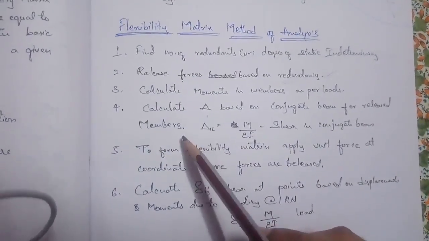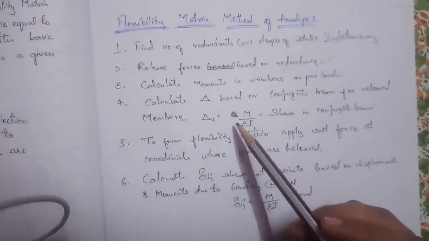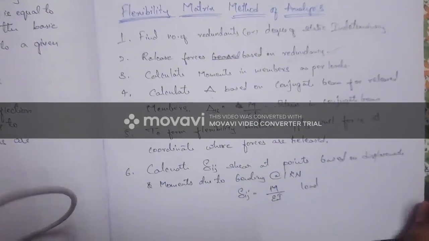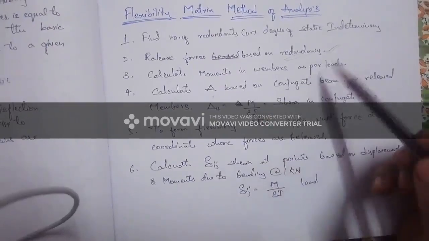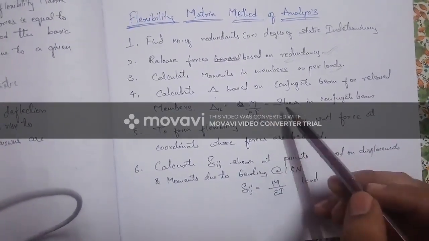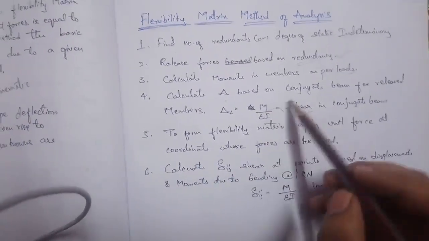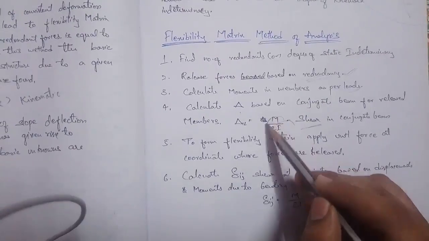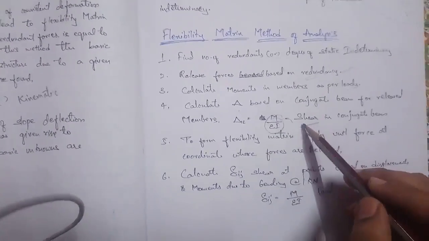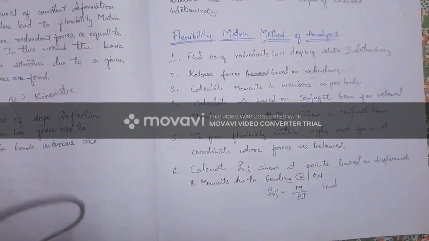So on these redundants we apply some displacement, and for that releasing load we calculate the moment based on the loads we have got. For this the shear is calculated, which is taken as M by EI. This M by EI represents the shear in the conjugate beam.